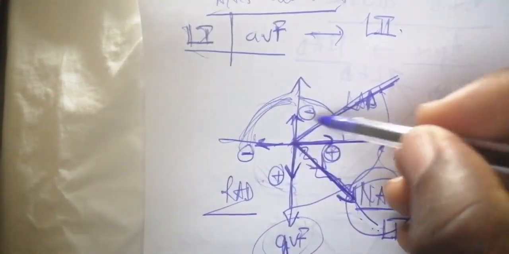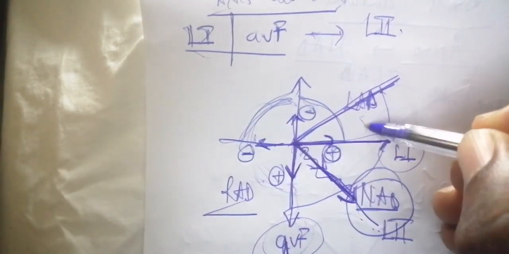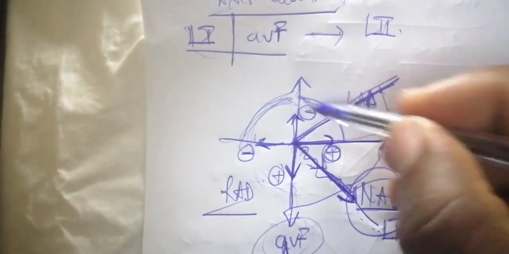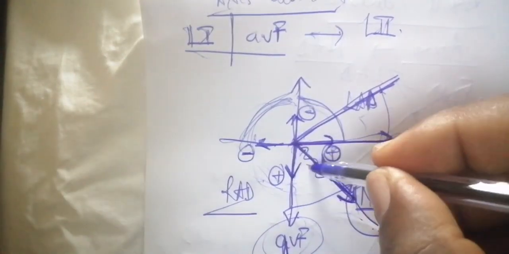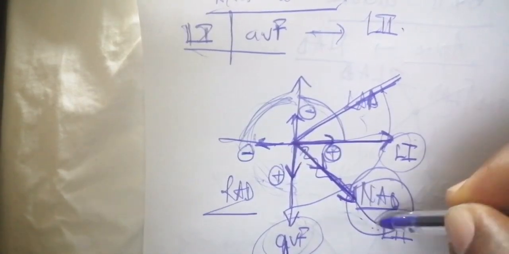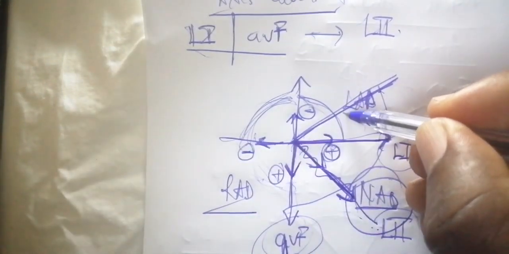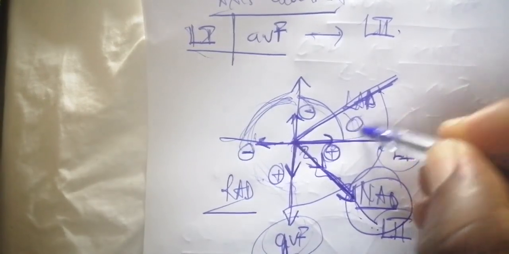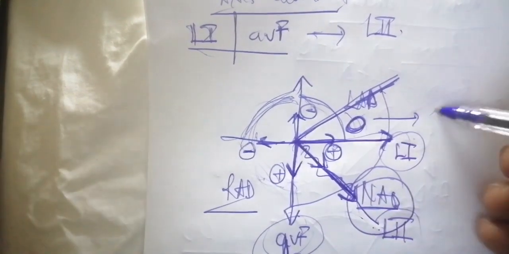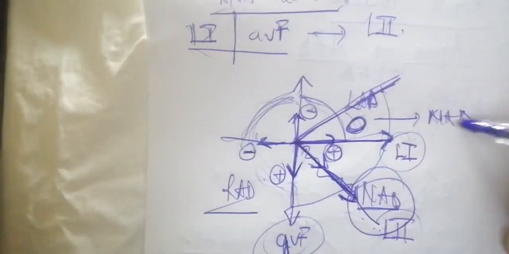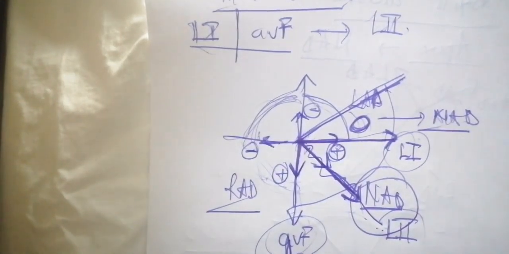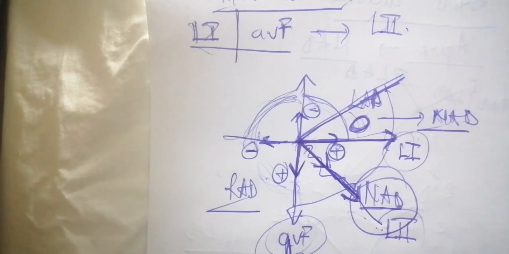Is it clear? So it's going to be much more on the inferior side, because initially you have a left axis deviation, but if you have a positive limb lead 2 wave, it's going to be much more down on this side here, and this side corresponds to a normal axis. So initially you have a left axis deviation that is normal, so it is a non-pathologic left axis deviation.